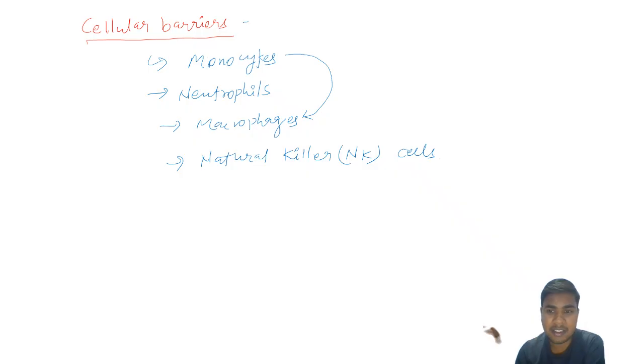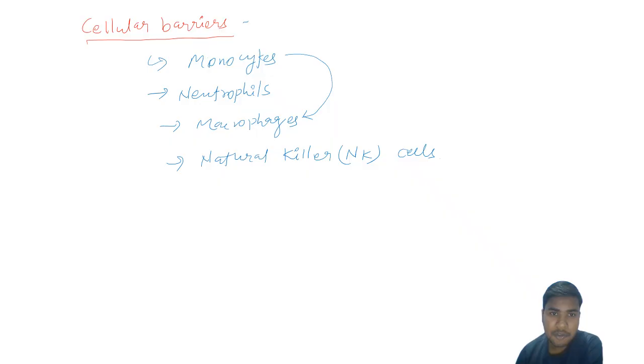So monocytes circulate in blood, and once they encounter any kind of pathogens or infectious molecules, the monocytes mature into macrophages, the cell size increases, and they target the pathogen and engulf it. So basically the macrophage is the mature form of the monocyte.